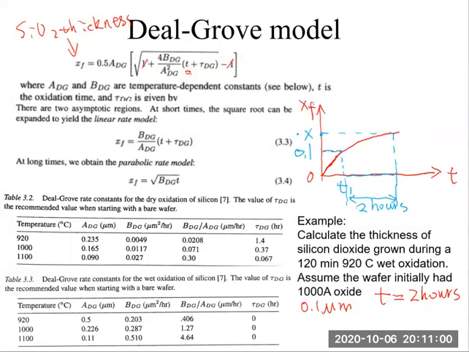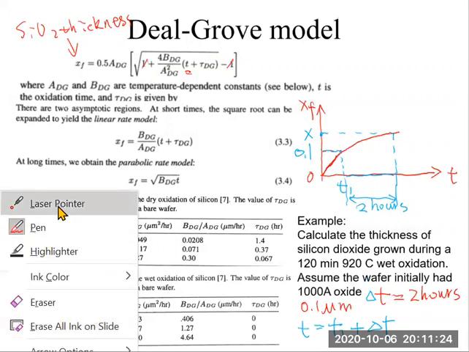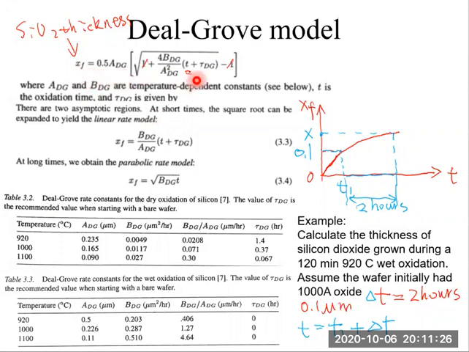So how do we calculate X? The total oxidation time should be equal to T1 plus delta T. So this 2 hours is actually delta T. It's not the total oxidation time, it's only delta T. But in order to calculate the final thickness, this T should be the total oxidation time from 0 thickness.